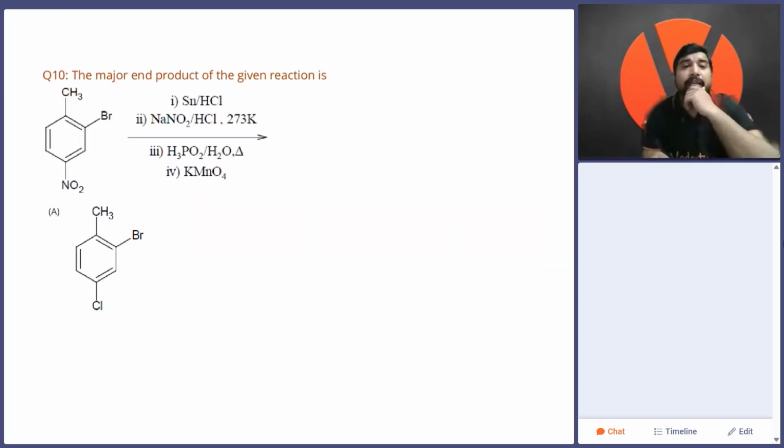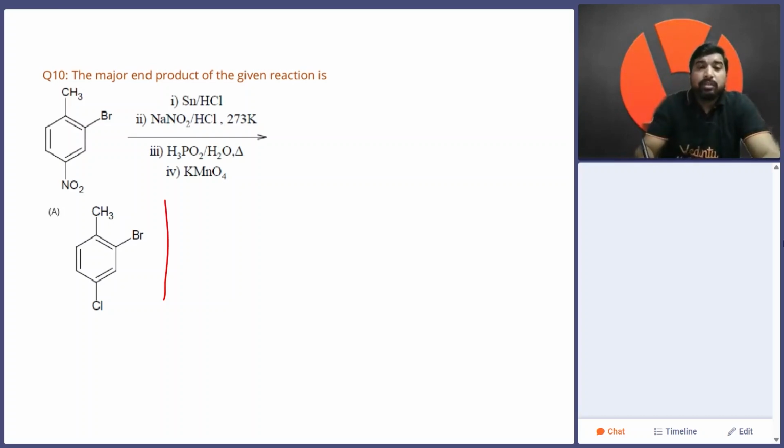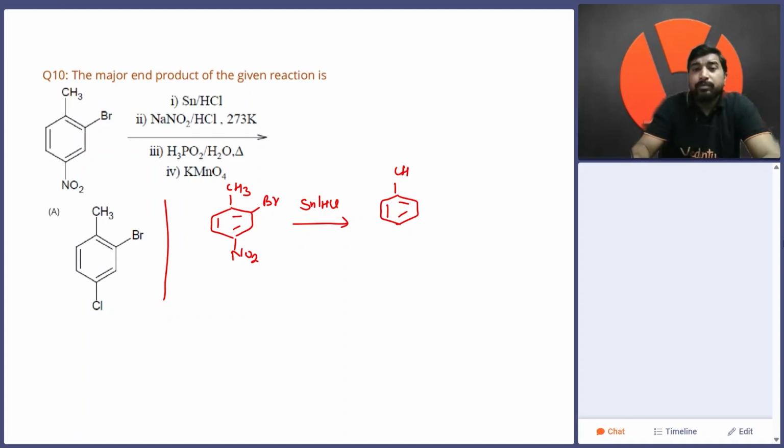In question number 10, if we write the sequence of the reaction, there is one compound that is CH3, Br, NO2. First, it will react with metal in the presence of acid. It converts the NO2 group into NH2, so the product should be the aniline with NH2.